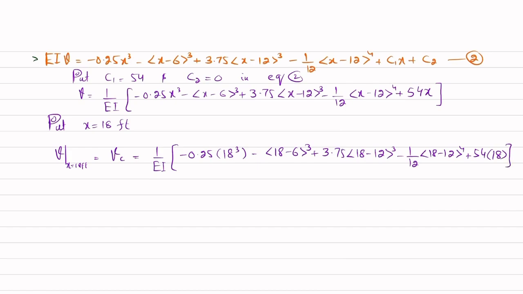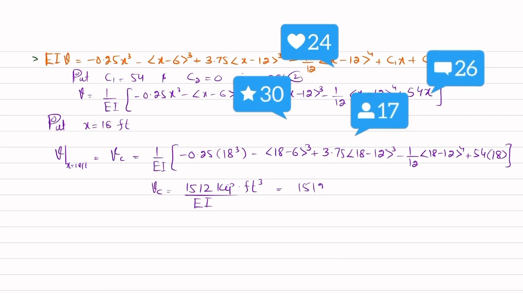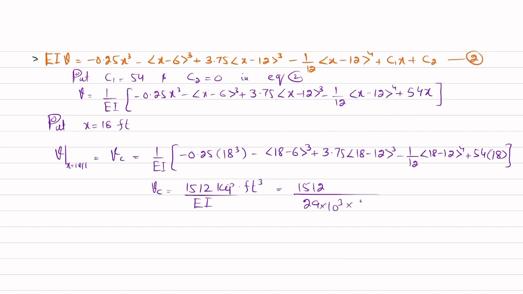So when you solve this, you will get deflection at point C comes out to be minus 1512 kips into feet cube, and the unit will be this, divided by E into I. So we have E and I: E is 29 into 10 raised to power 3 ksi, and I is 204.